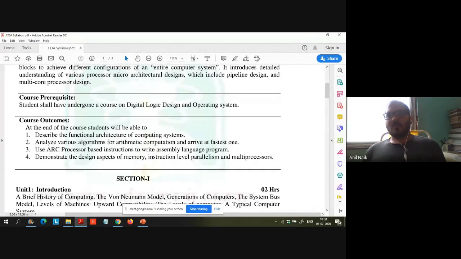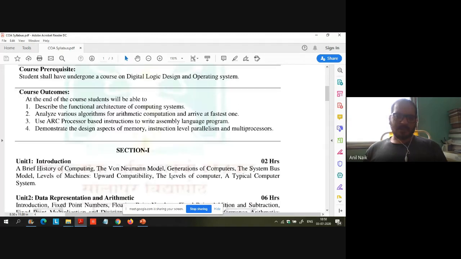Quad core means four cores handle different tasks at a time. That is why instruction level parallelism is very important, and why we buy mobile phones or computing devices with more cores, quad core, octa core. Whenever we buy a new system, we go through these configurations, multiprocessors.